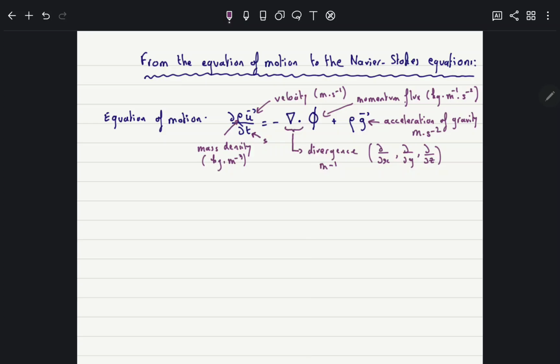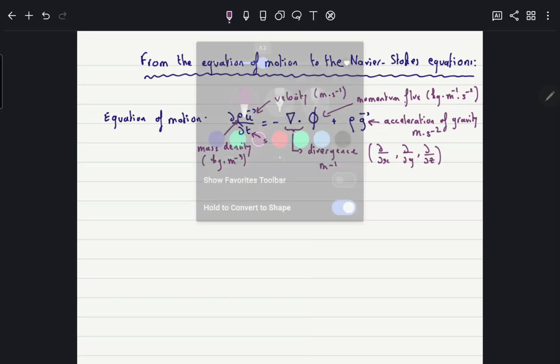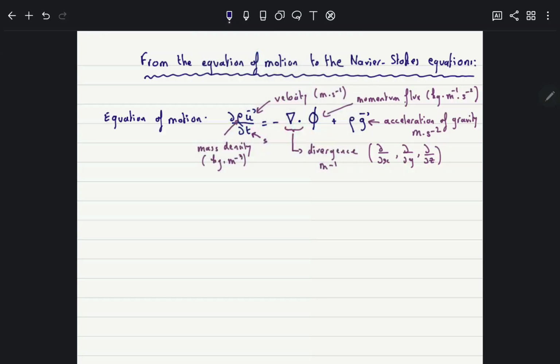Okay, so if we want to write that equation in, let's say, the Cartesian coordinate system x, y, z, which is probably the simplest way to write it, then we're going to have d over dt of what we have, our rho ux, rho uy, rho uz.